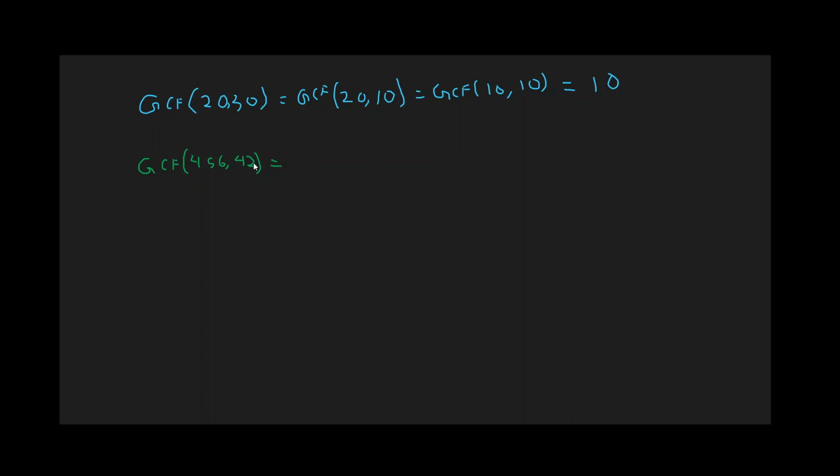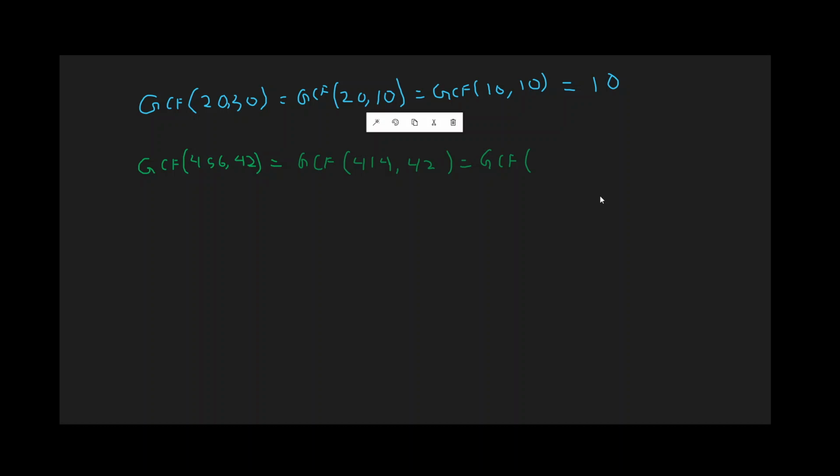It's equal to the GCF of 414 minus 42, and as you can imagine, doing this process for a long time is kind of inefficient, and in competition math we want to do this as quickly as possible. So instead of carrying on with that form, delete that.